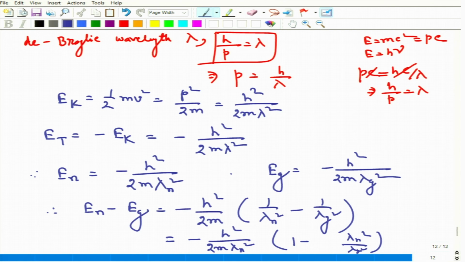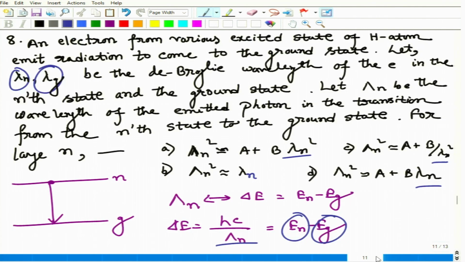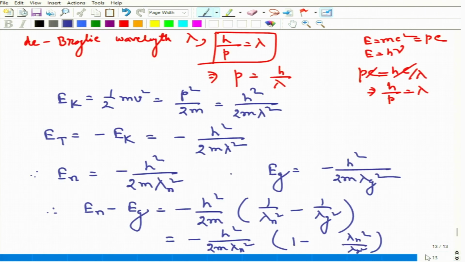Now they have asked this for large n. That will come, but what was that? Del E equals En... these things were there. So what was the relation? Yes, this is the relation: h square divided by 2m lambda n square, 1 minus something.